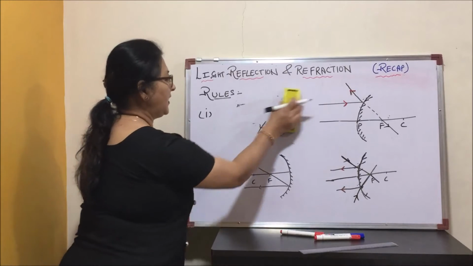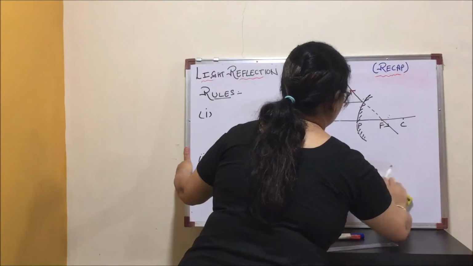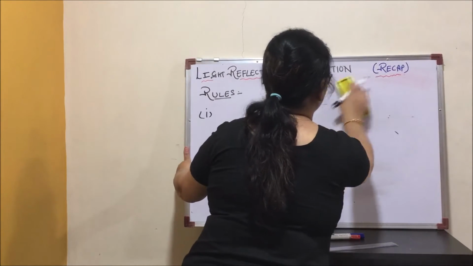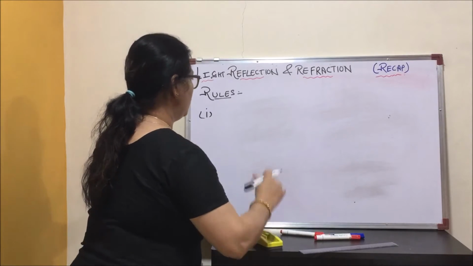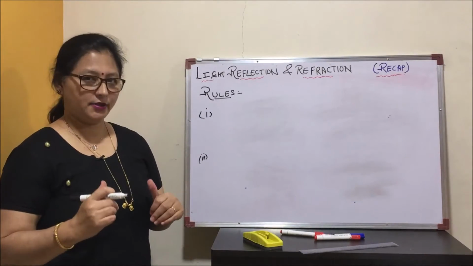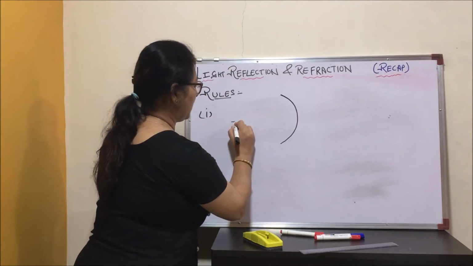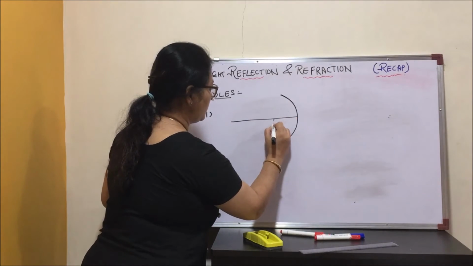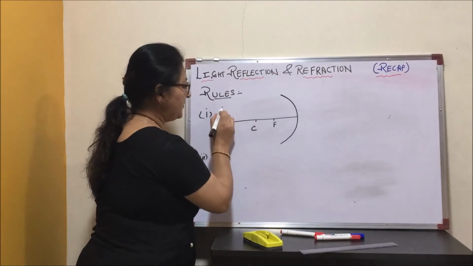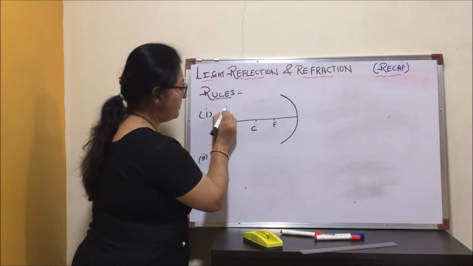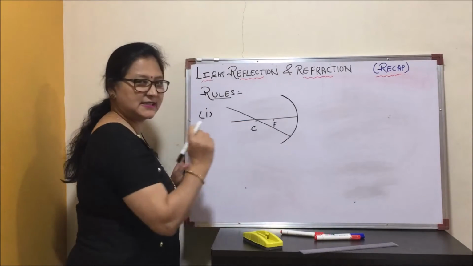Let's take the 3rd and 4th rule. The 3rd rule says that this is my concave mirror, this is focus, this is the center of curvature C, right?